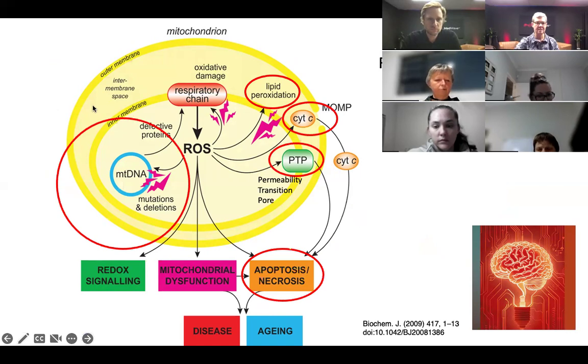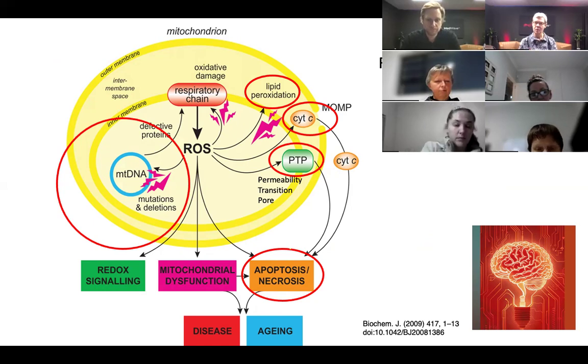And this ROS, or reactive oxygen species, is an important signal when it's at the right level and the right intensity. But when the mitochondria get overwhelmed or are producing too much reactive oxygen species, it causes damage. So these reactive oxygen species can bump into the membranes in the mitochondria and actually burn in and oxidize the fats in the membranes.